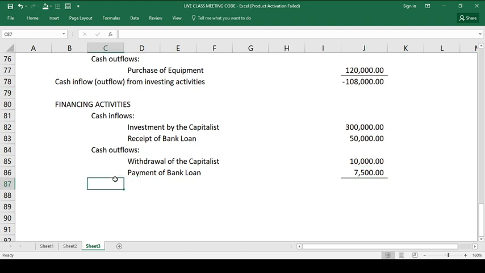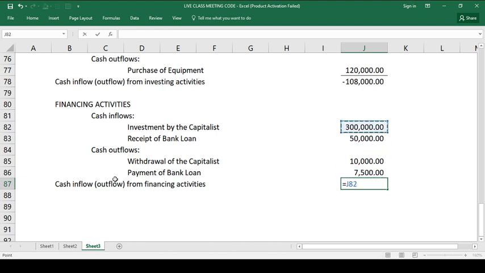And now, let's compute the cash inflow or outflow from financing activity. Okay, so magkano kaya yung cash inflow or outflow from financing activities? So that is 300. I-add lang po natin yung lahat ng inflows, add natin yung dalawa, no?